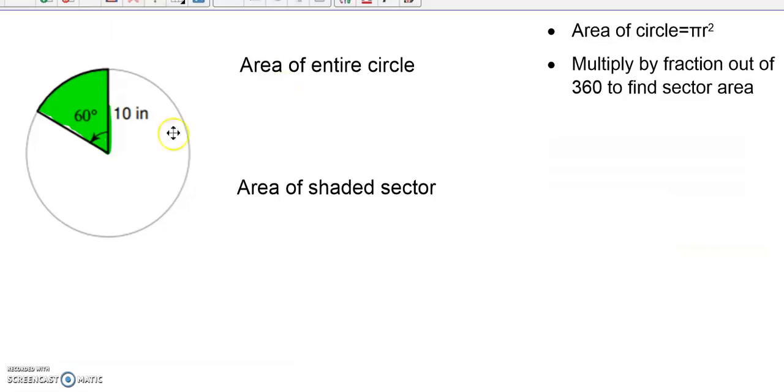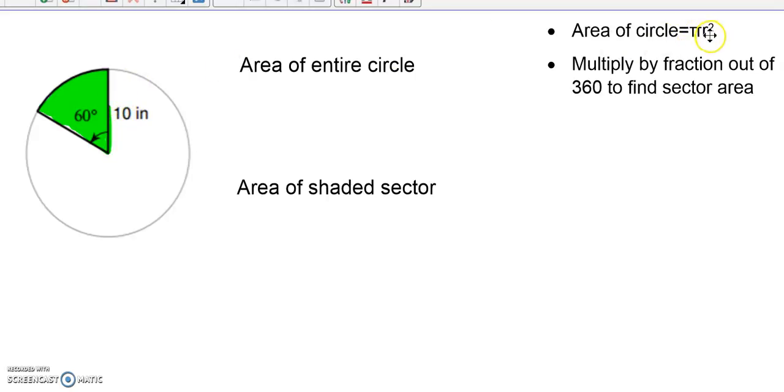First step, when you get a problem like this, you notice you're only looking for the area of this green shaded section here, and its angle is 60 degrees. Okay, but before we can really get to the sector area, we need to get the area of the entire circle. And since our area of the circle is pi r squared, you see that off to the side here, we just need to square the radius, and in this case, radius is 10.